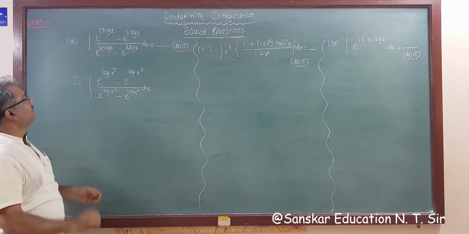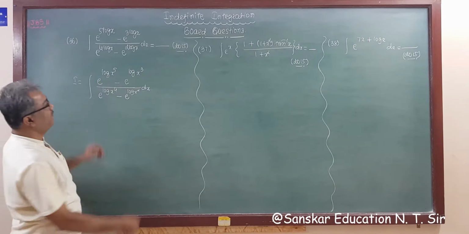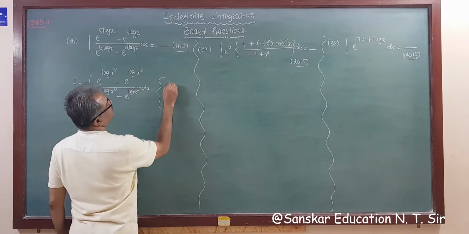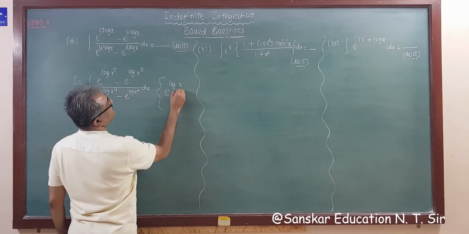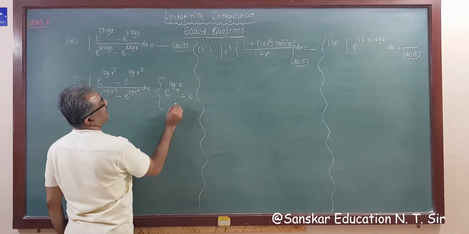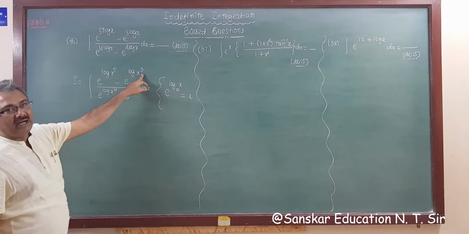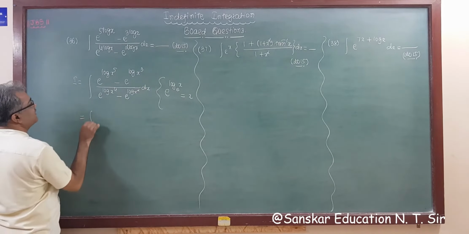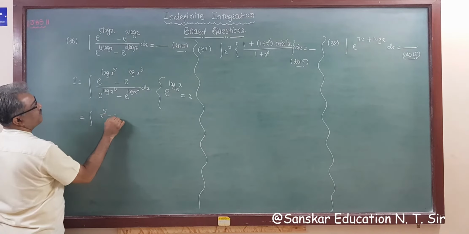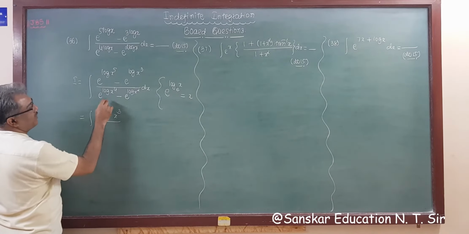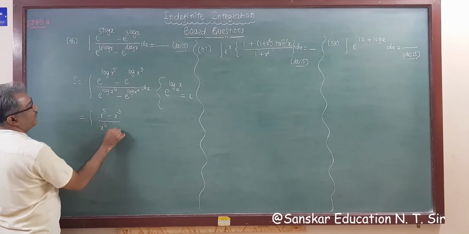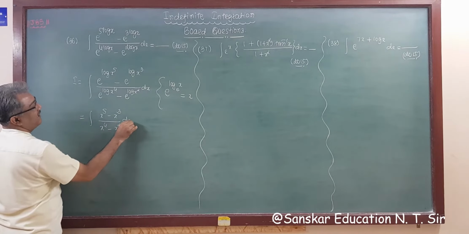dx. Now you have the formula: e raised to log x, base e, the answer will be x. Applying this formula, the answer is x raised to 5 minus x cube, upon x raised to 4 minus x square, dx.